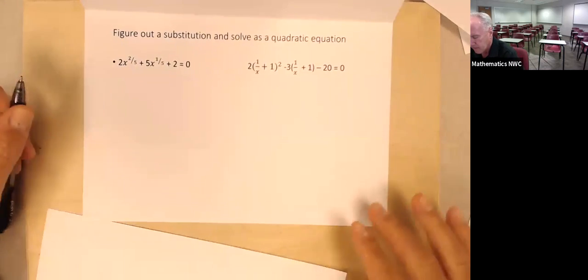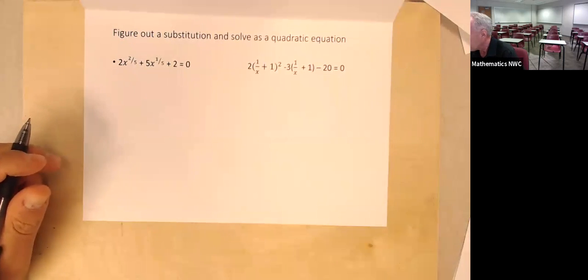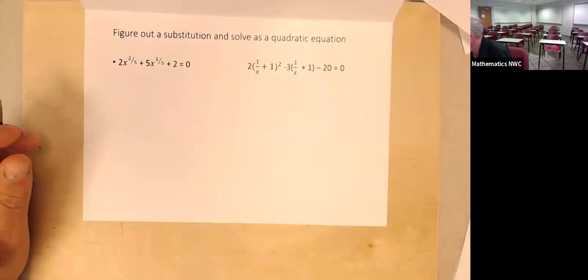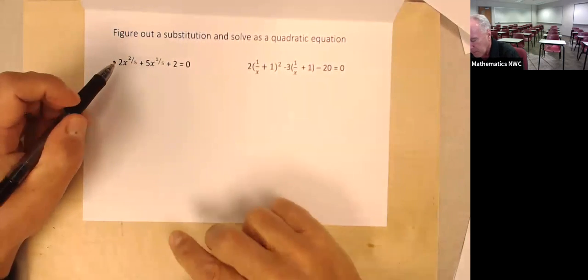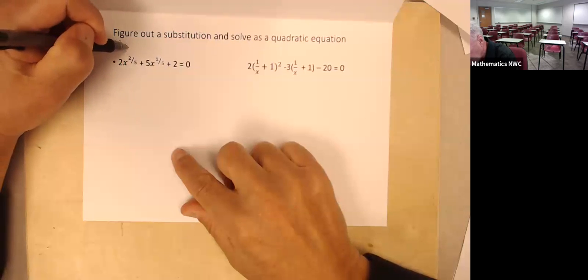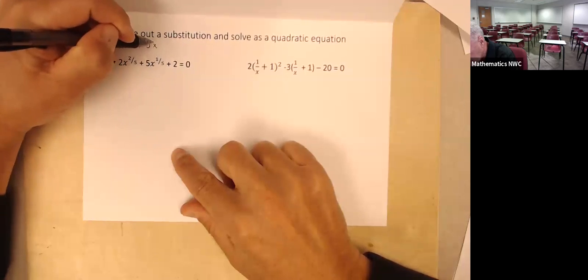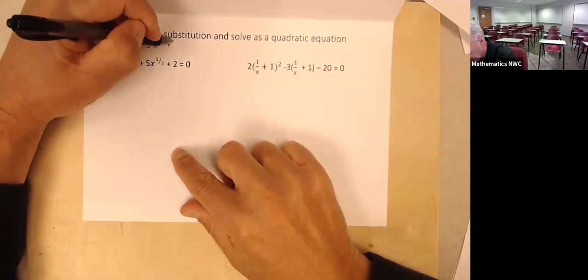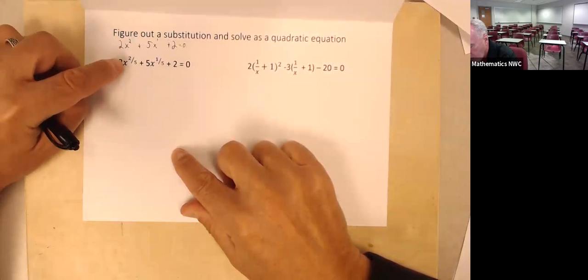First thing it says is figure out a substitution. Well, that sounds easy enough, but it's not always so easy. Remember, the form I'm looking for here would be a 2x squared plus a 5x to the first plus 2 equals 0. That's what I'm thinking mentally. Well, what is this?